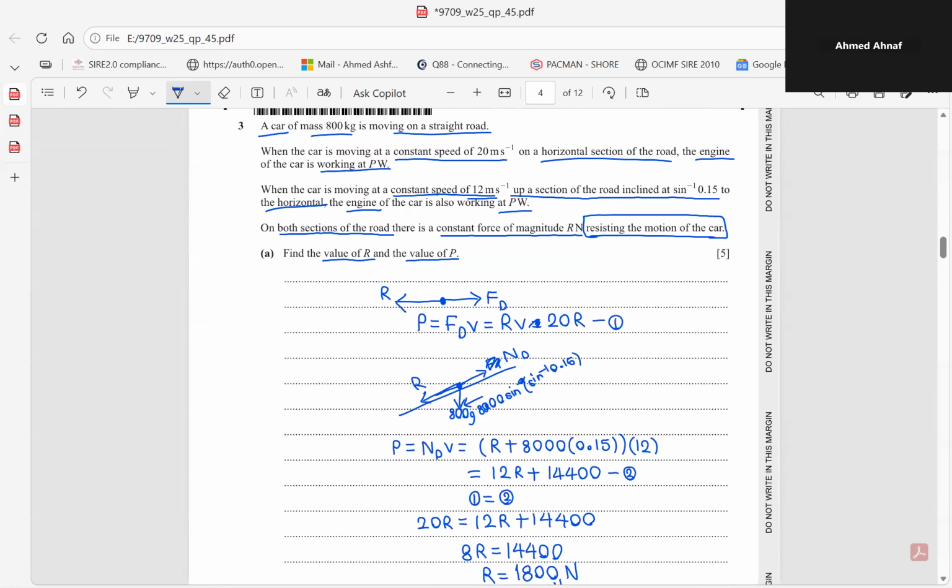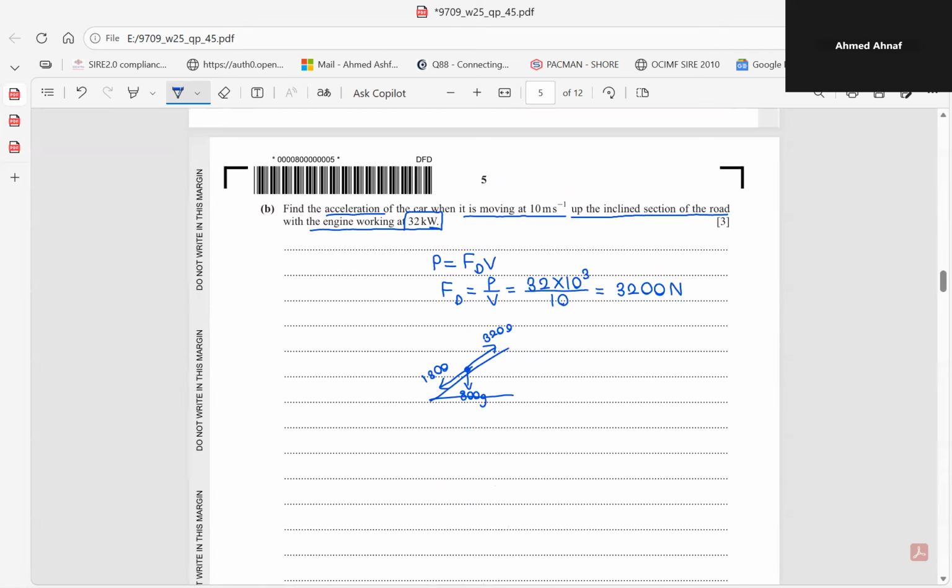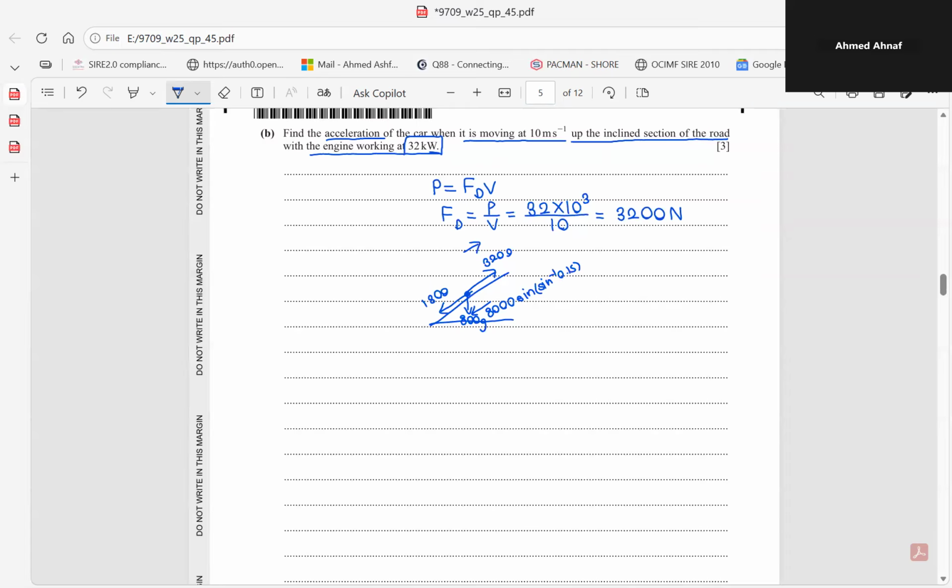And as we know, since it's going up, the horizontal component of the weight parallel to the plane is going to be 8,000. Since G is 10, 8,000 sine inverse 0.15. So now we can use F equals to MA.